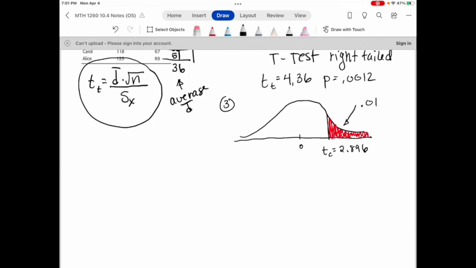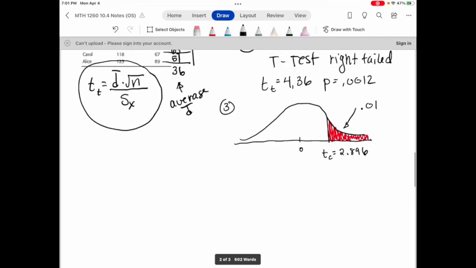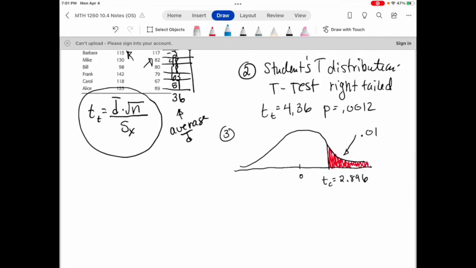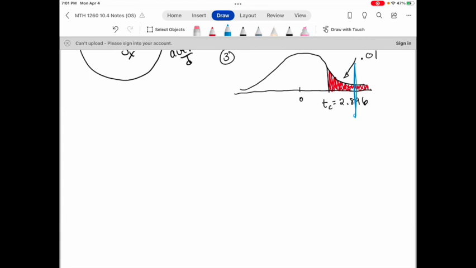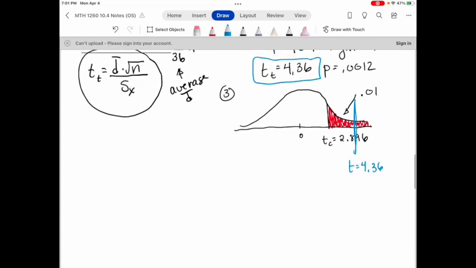It's because we're doing a 1% level of significance. So we're looking for that shaded area that gives me 1% or 0.01. Now, my test statistic is 4.36. So that is to the right of 2.896. That's going to be on this side of 2.896. So that tells me since it's in the rejection region, we're going to say for step 3, reject the null hypothesis.